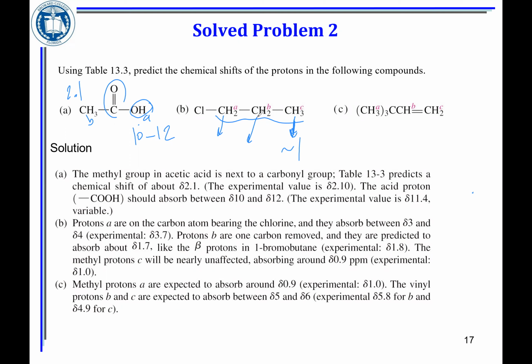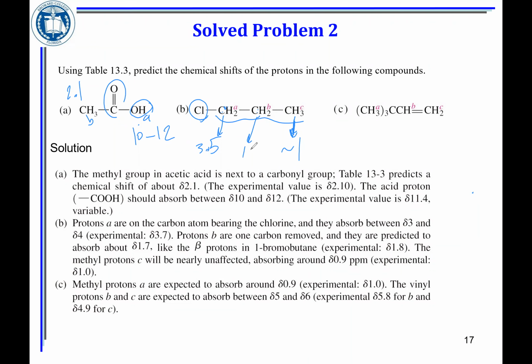A. A would be at a higher number, and let's say this is at 3.5. Why is that a higher number? Because the hydrogen that is on carbon A is directly attached to the Cl, but B is indirectly attached to Cl.